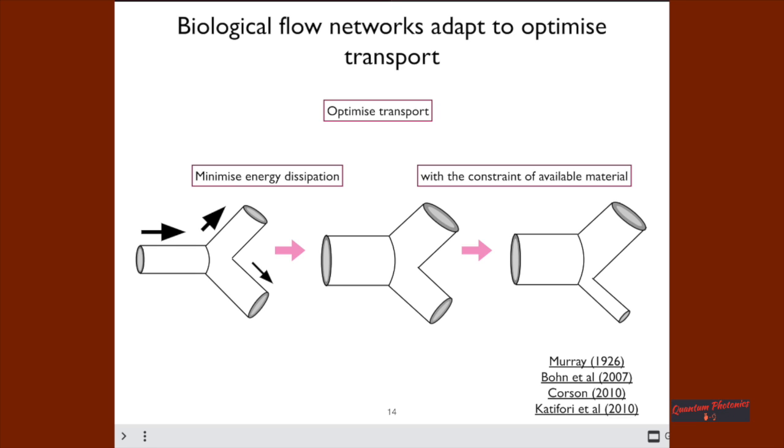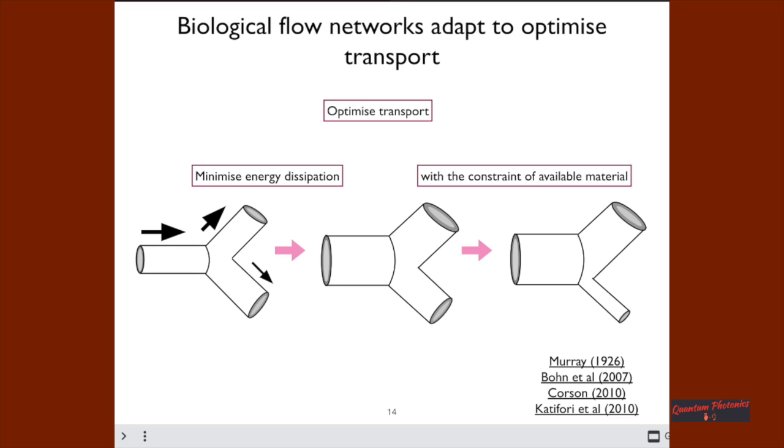So if there is a network with 3 tubes, as shown by the schematic in slide 14, and the flow through 2 of the tubes is higher than the flow through 1 of the tubes, to maximize the transport of flow through this network, the adaptation dynamics will increase the radius of the 2 tubes which have the higher amount of flow, shown by the middle picture in the schematic.